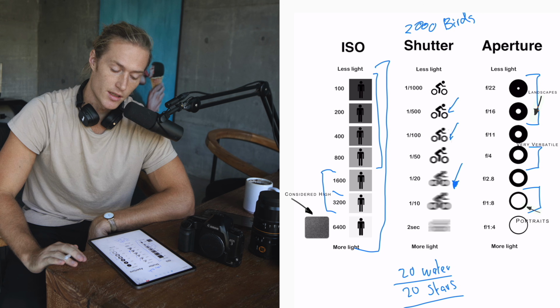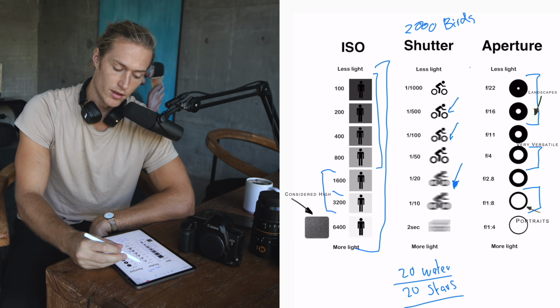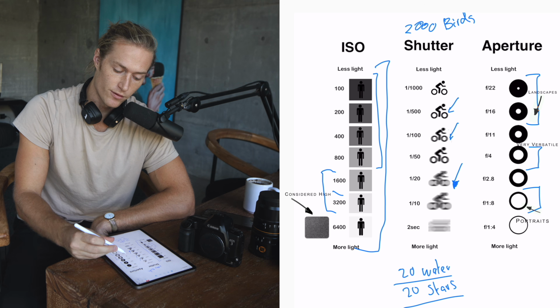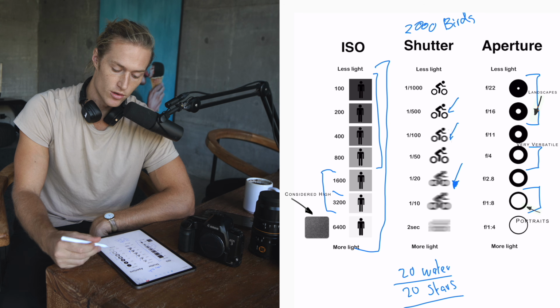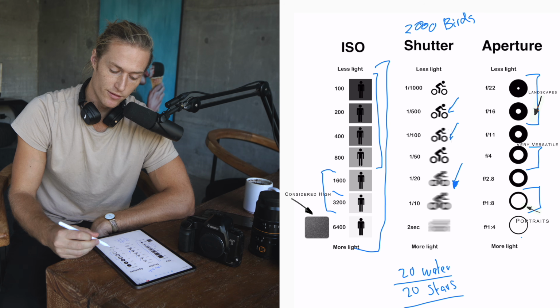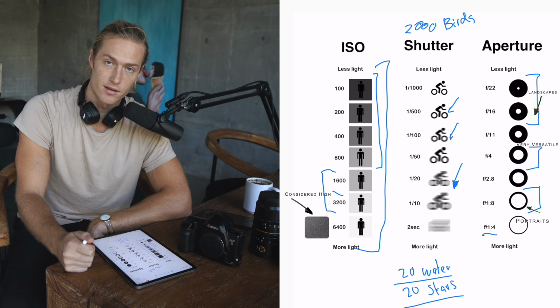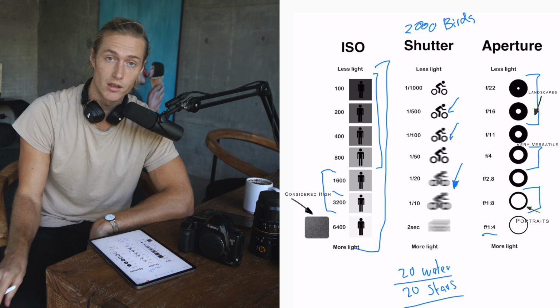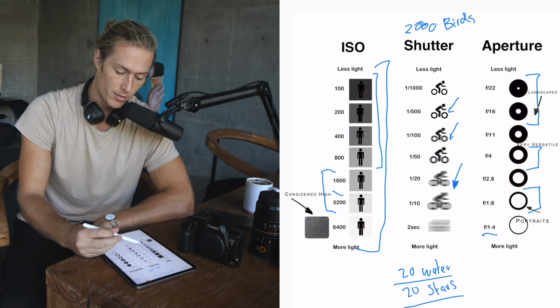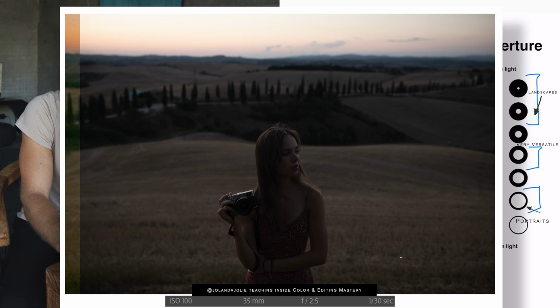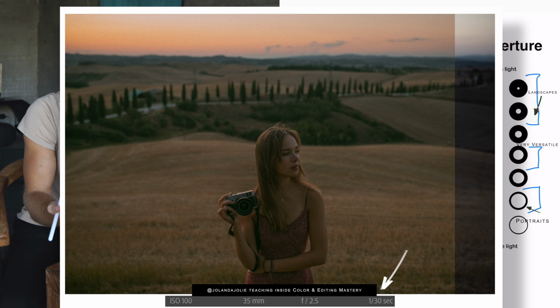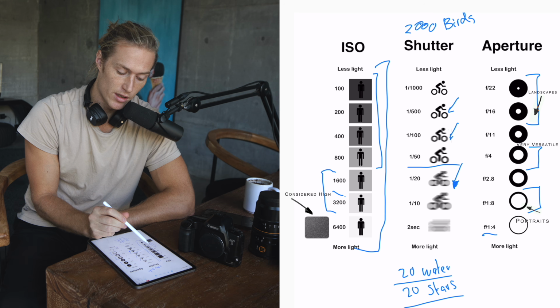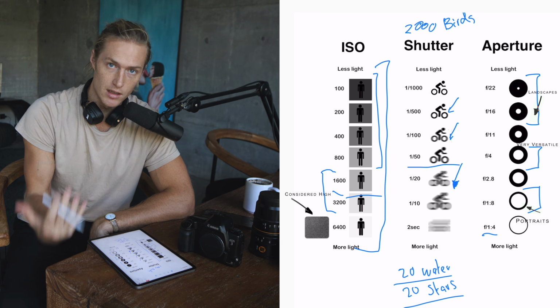The sun is set, all of a sudden you're shooting landscapes at f4 and not up here. You're shooting portraits at 1.4 because you need as much light as possible. If the sun is really low, there's blue hour, you might be shooting portraits at 1/50 because you need that light, and you might be shooting a portrait at 1/16 because you need that light.